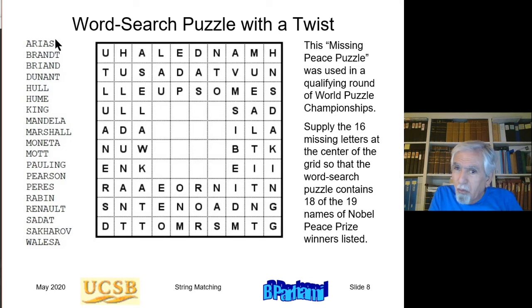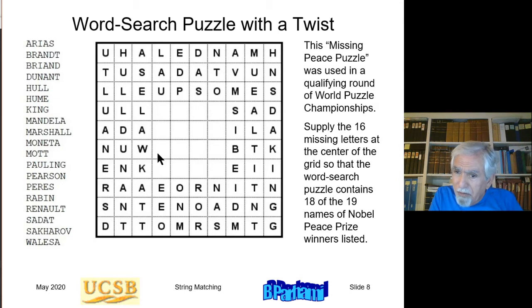So these are Nobel Peace Prize winners whose names appear in this grid, again in various possible directions. But one of the names is missing, and we are trying to identify which name is missing.